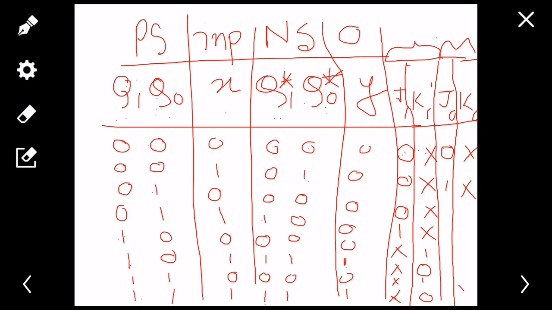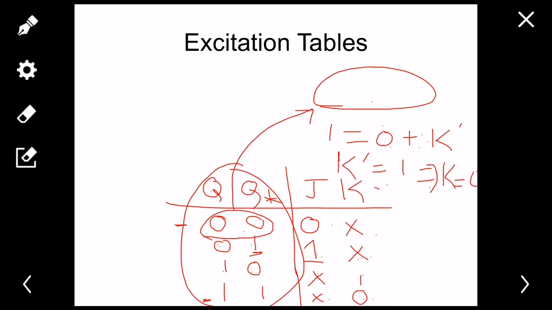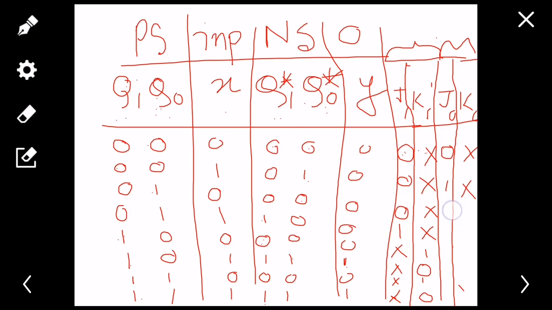Then 1 0 will give you don't care 1. 1 0 again, so don't care 1, that's good. 0 0 will give you 0 don't care. So 0 1 will give you 1 don't care.